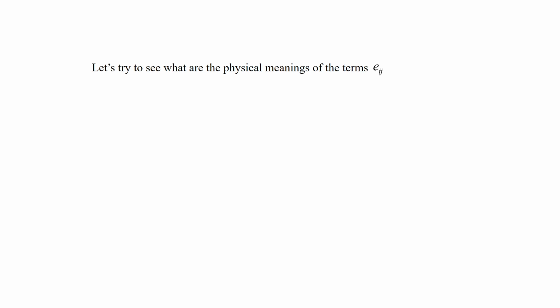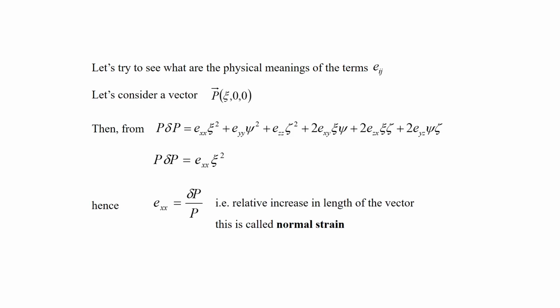Let us see what is the physical meaning of these terms, that is Exx, Exy, Ezx and like that. Let us say that we have this quantity P delta P, and let us try to see what happens if we have a vector which is defined like this: xi 0 0.